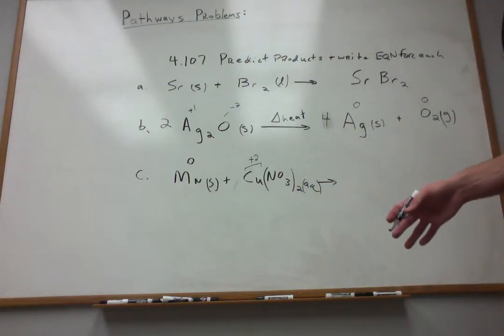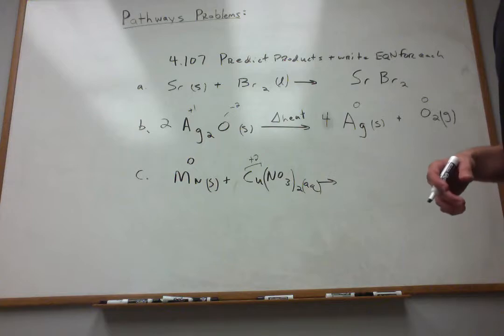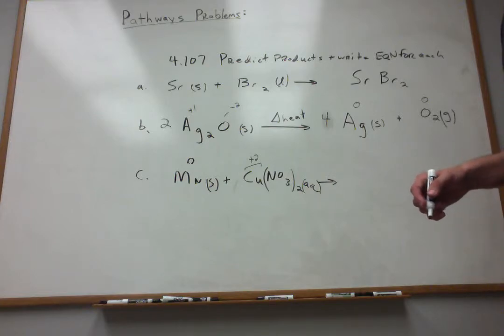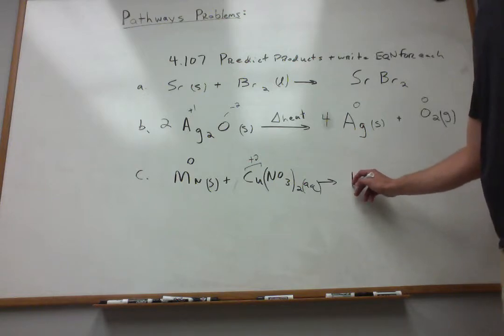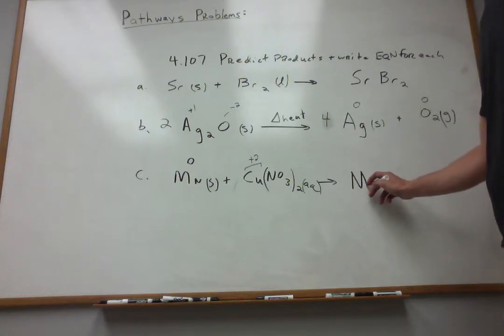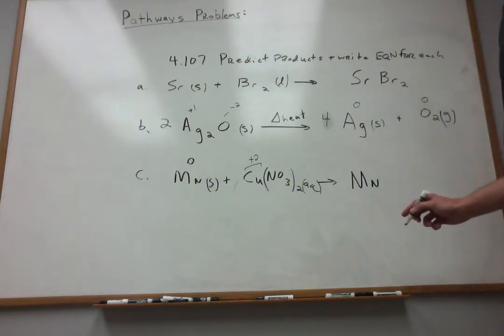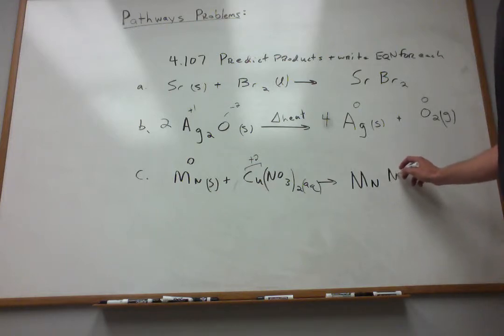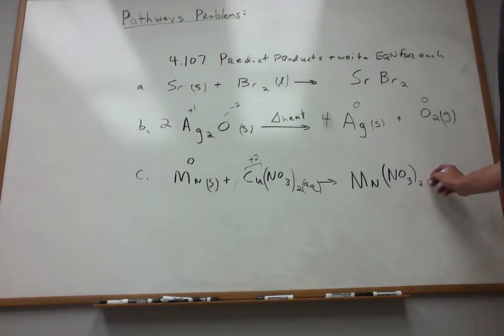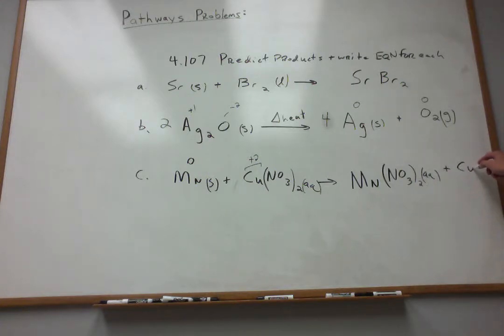Now, if that occurs in this particular reaction, I might form manganese nitrate aqueous, here manganese 2+, we'll say, and copper solid.